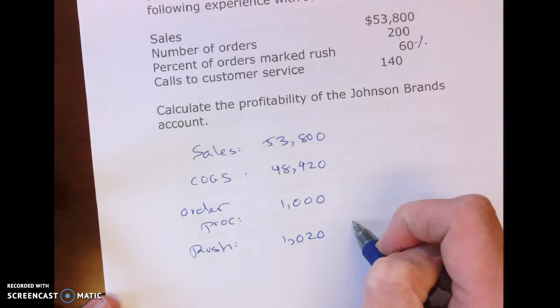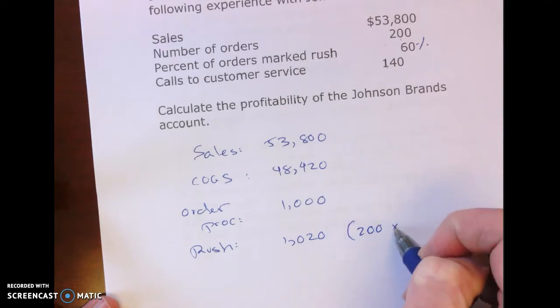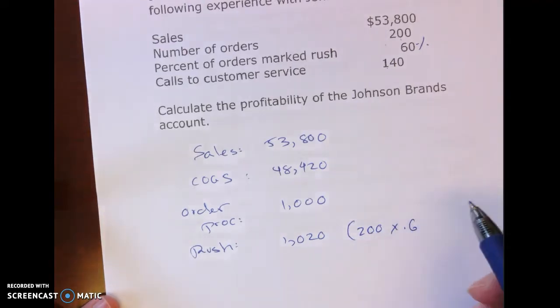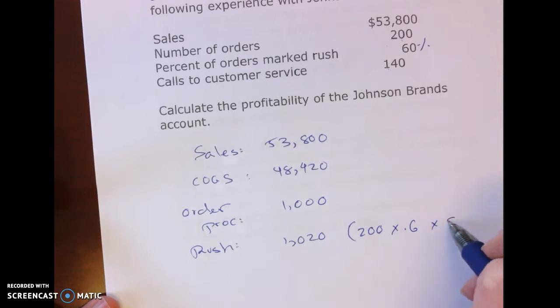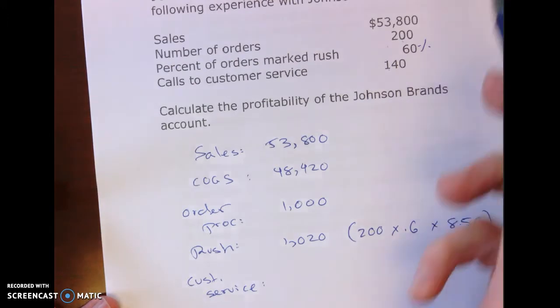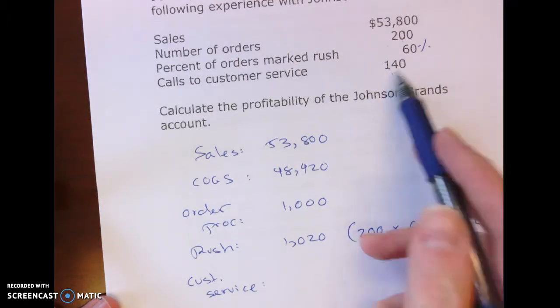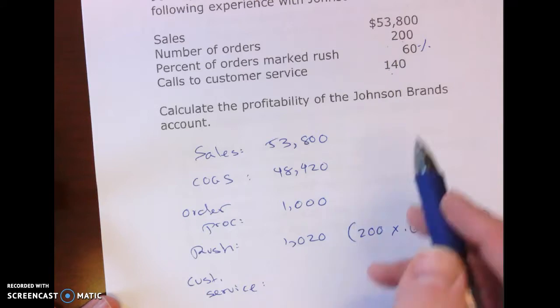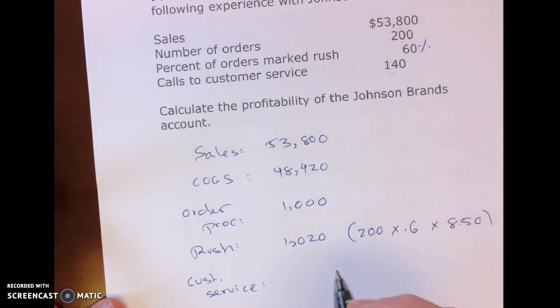The way I got that is my 200 orders times 0.6, because 60% of them are rush, times our $8.50 per order, which is the rush cost per order. And then we can see our customer service calls. Well, they placed 140 calls to customer service, and if you look further up your page, it says it's $10 per customer service call, so $1,400.